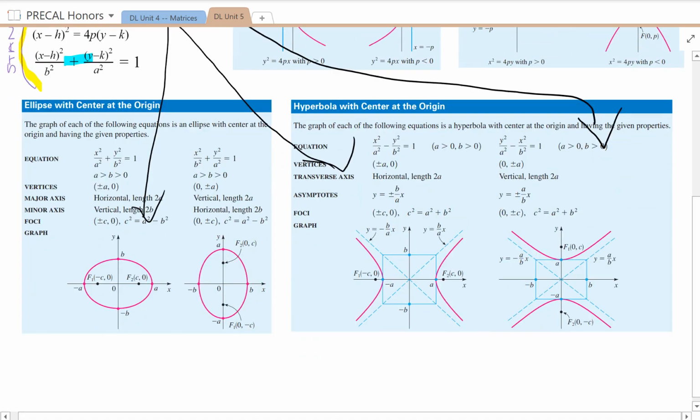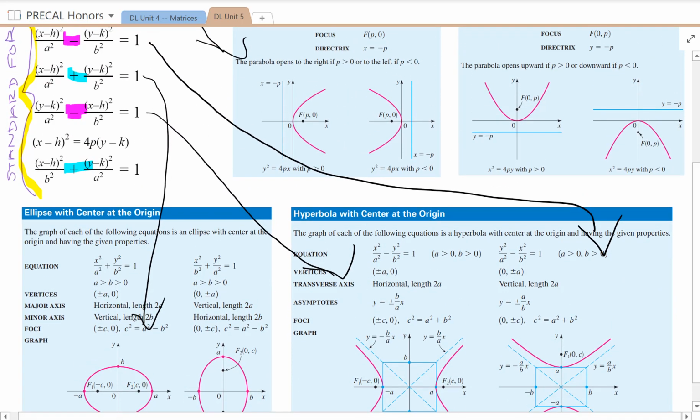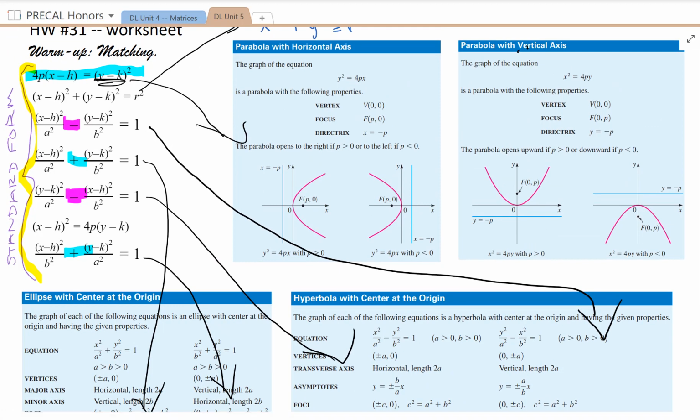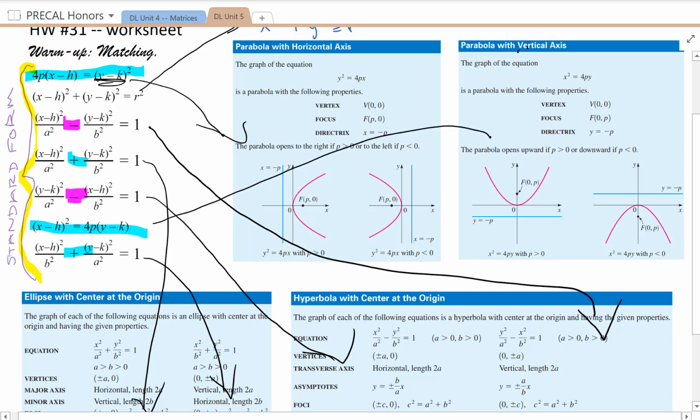And then you have where a squared is under the y, so vertical axis. And then again, another parabola, except the x is being squared. So this one's actually going up and down.